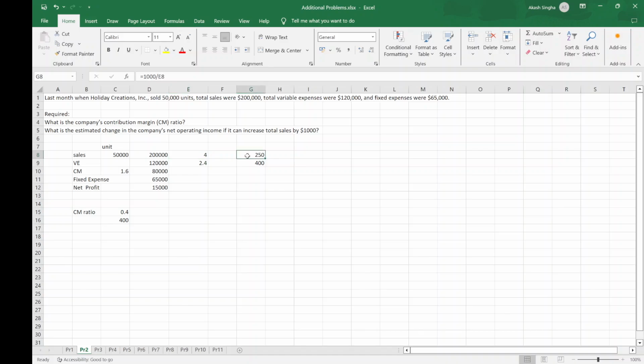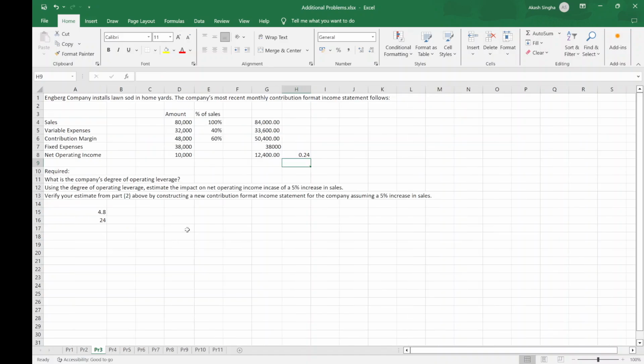For 250 more units sold, the variable expense incurred is 250 into 2.4, which is 600. So if 600 is variable expense and revenue is 1,000, the profit from that is 400. So 400 is the answer.